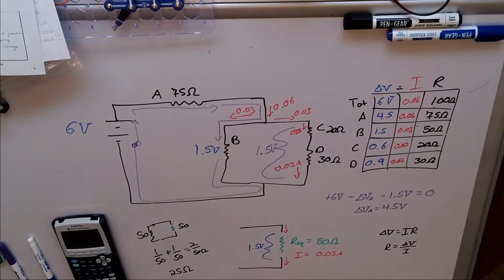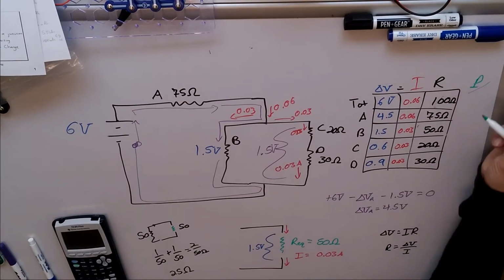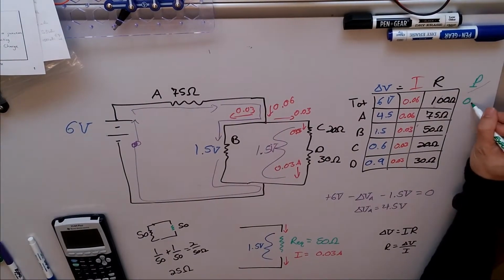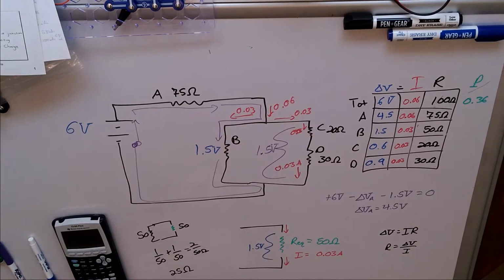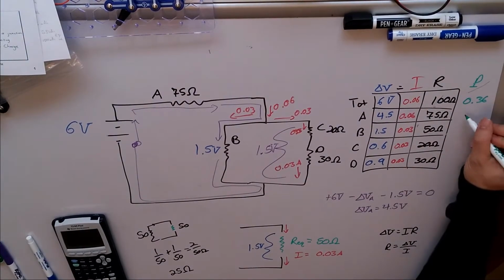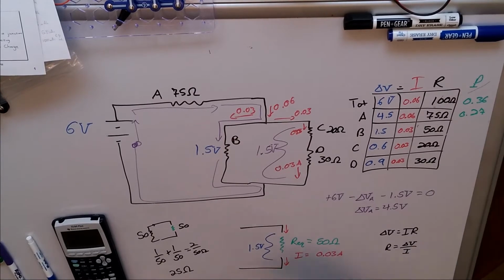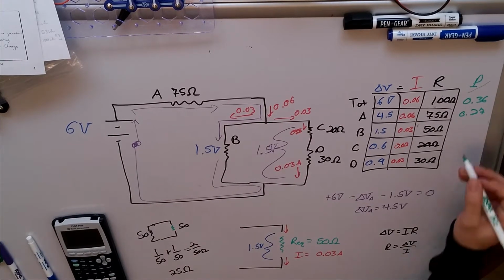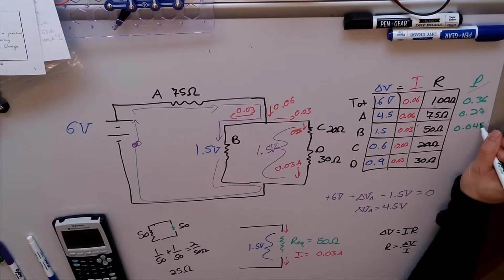Now we could go through and we could find the power for each of these. Let's go ahead and do that as a nice example. So I would take 6 times 0.06. I end up with a power of 0.36 watts. On this one, I'd have 0.06 times 4.5. This one is 0.27. And then back over here, I've got 0.03 times 1.5, 0.045.